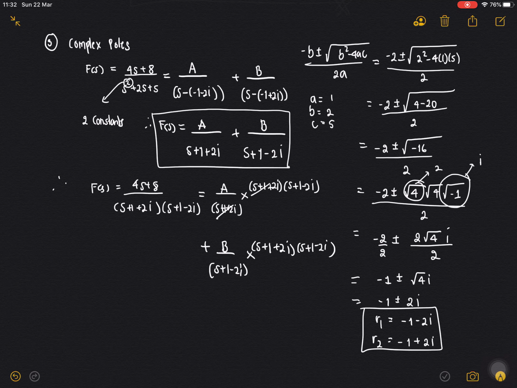So the 2i cancels out, and here again, we need to multiply with that term. So you will have 4s + x become A multiplied by (s + 1 - 2i) left here, and then adding up with B multiplied by (s + 1 + 2i).